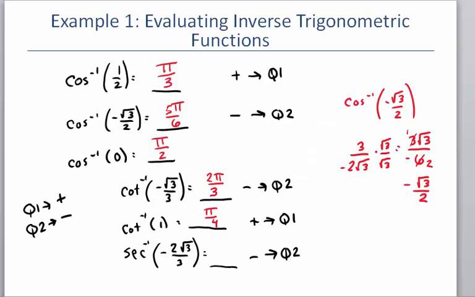So we know that our base angle is pi over 6, but we know that we need to transform that into the second quadrant. There's the pi over 6. Here's the mirror angle on the other side. And what is that angle? We've seen that before already to be 5 pi over 6. Again, positive angle because we're rotating in a positive direction.